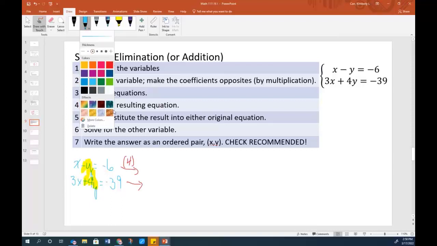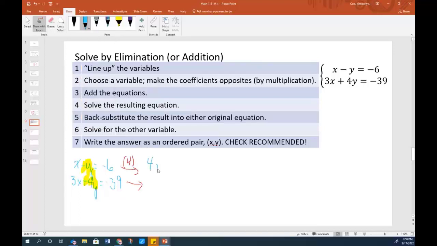So then we're just going to write our results down. So I have 4x, because even though I only worried about the y's becoming opposites, you have to multiply the entire equation. So 4x minus 4y equals negative 24. And on my other one, I didn't need to multiply it by anything, so I have 3x plus 4y equals negative 39. So I have done step 2 now.